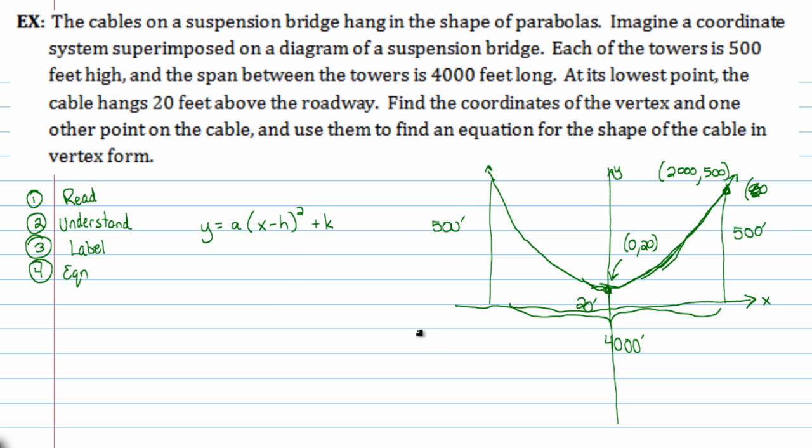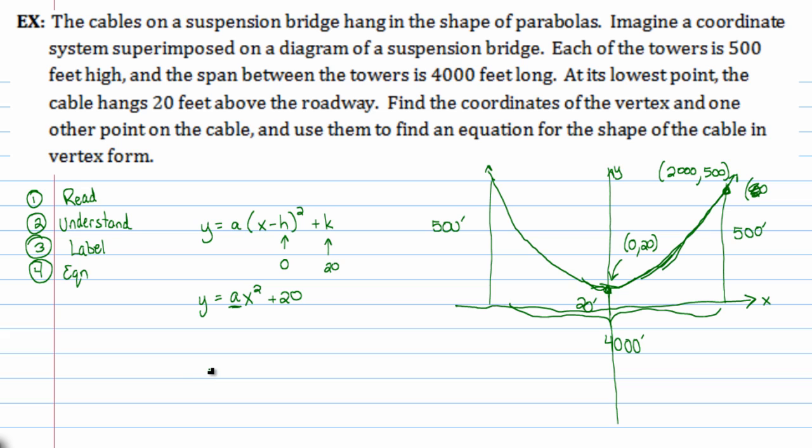And we know the vertex of this parabola occurs when x is 0 and y is 20. I'll plug those in. Actually, I don't even need a parenthesis because x minus 0 is just x. So this is going to be y equals a x squared plus 20. And finally, I need to find this value of a right here.